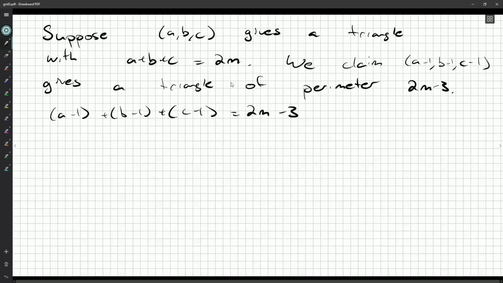And we need, so we know c is less than a plus b. And so c minus 1 is less than a minus 1 plus b, but can I really do that minus 1 again?